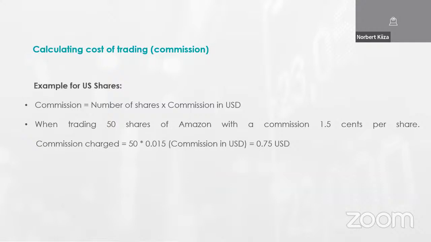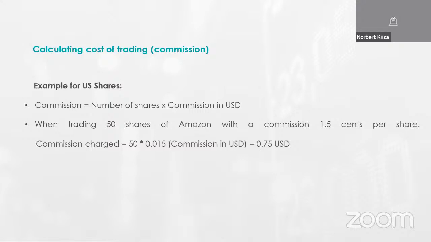Now, how would you calculate commission? For US shares, the commission equals the number of shares that you decide to buy times the commission in US dollars. We say that the commission is 1.5 US cents per share.